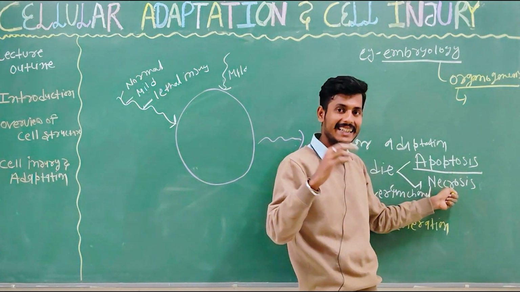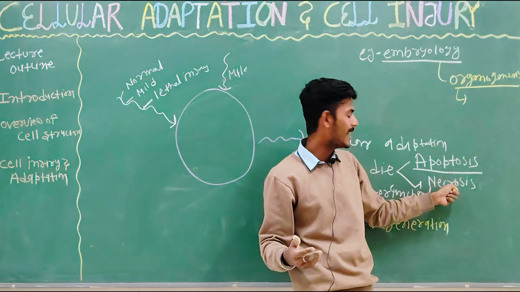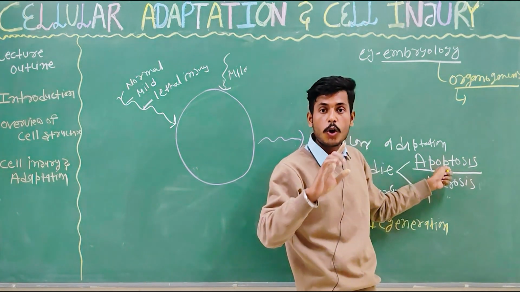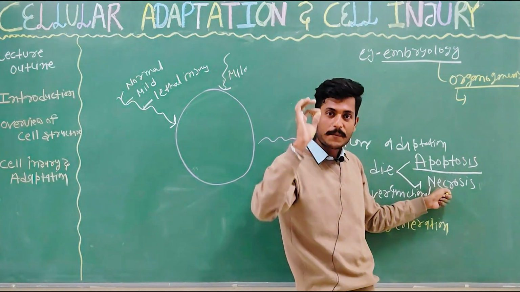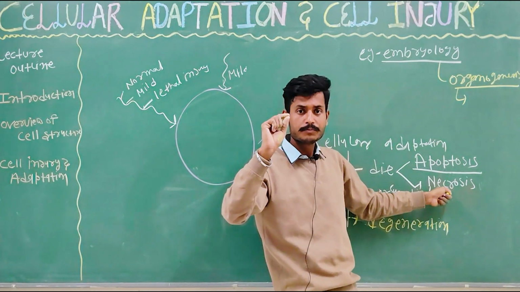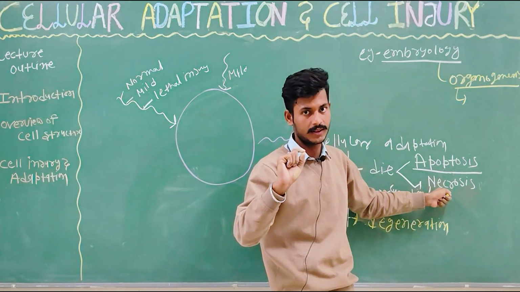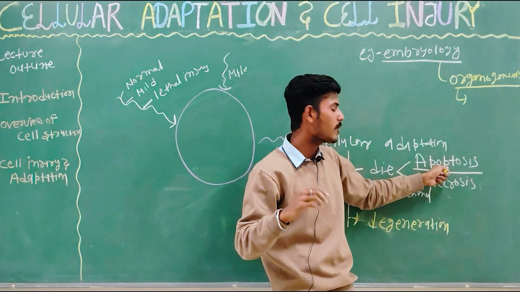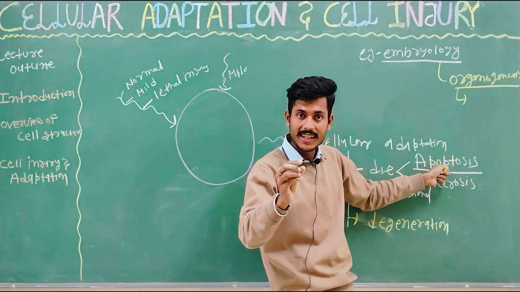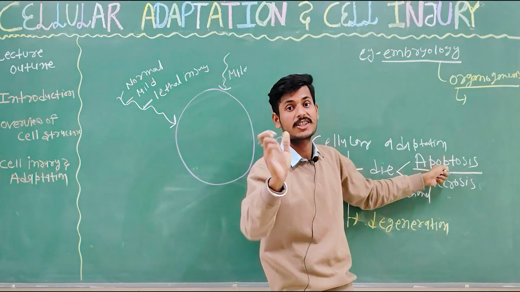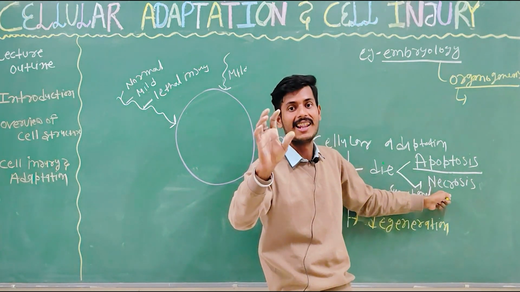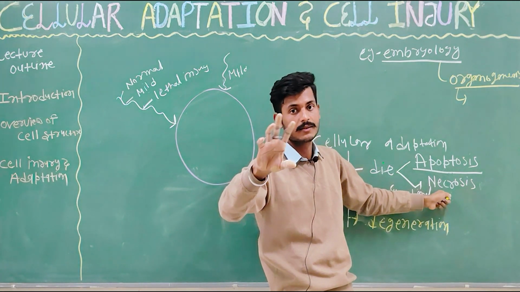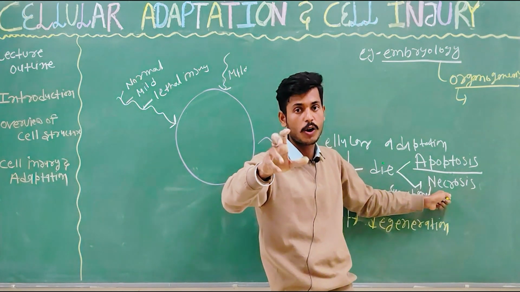We will discuss in detail. Another difference is that apoptosis does not produce inflammation, whereas necrosis absolutely shows inflammation. Another thing is that apoptosis occurs generally in one cell or a very small cluster of cells, whereas necrosis always occurs in a large group of cells or a tissue.